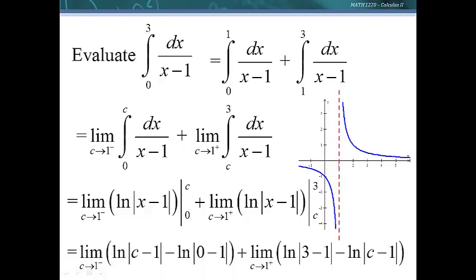So as we substitute in the limits, this particular piece right here is just the natural log of 1, since we have that absolute value, and so that is 0, so that's gone.